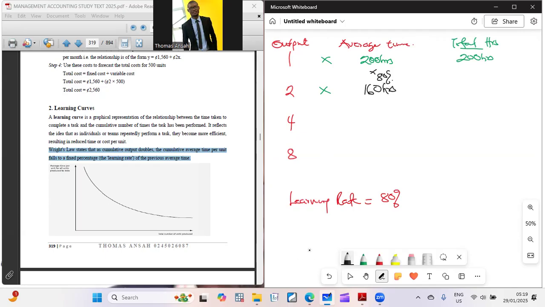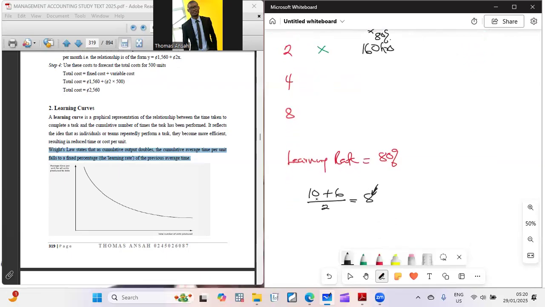When we say average, it means something plus something. So let's say 10 plus 6 divided by 2. That's the average. That will give you 8. So that is what we are saying. It doesn't mean every one product took 8. But it means that as one product took a lot of time, the other didn't. So the average of it, all right?